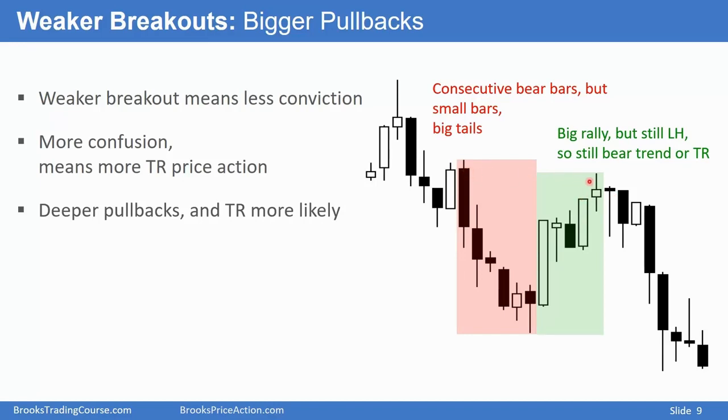So possible double top bear flag, possible bull leg in a trading range. Traders will see that, and bulls will take profits, and bears will start to sell. So it's either a bull leg in a trading range, or we have a lower high. It could be a bull leg in a broad bear channel.